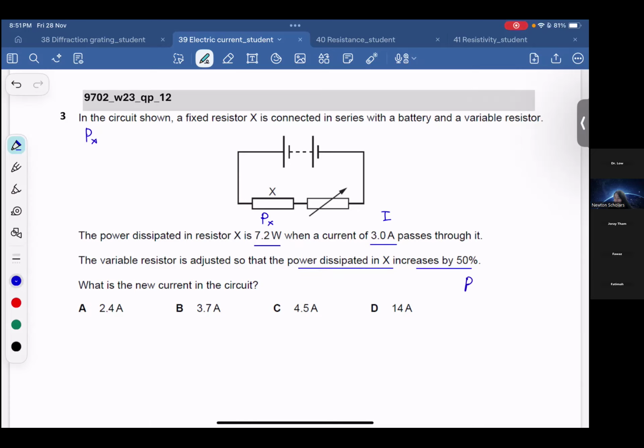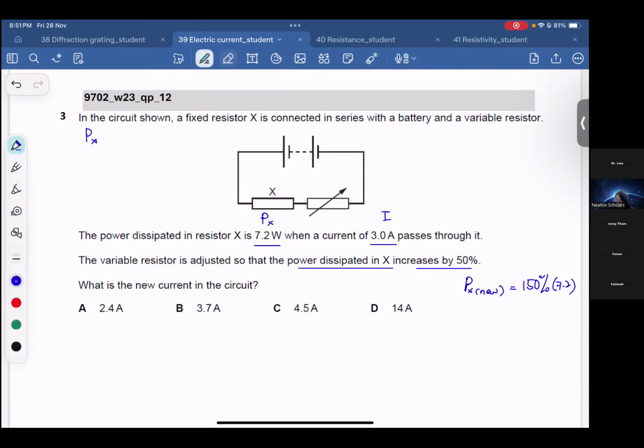That means the new power X now becomes 150% of the original 7.2. Your new power right now is 7.2 times 150%.